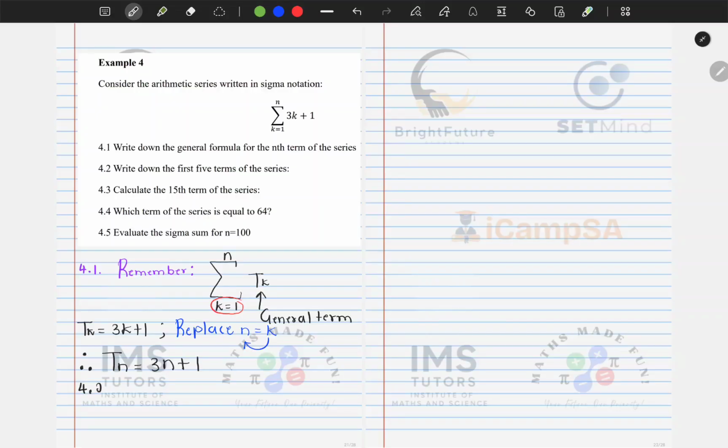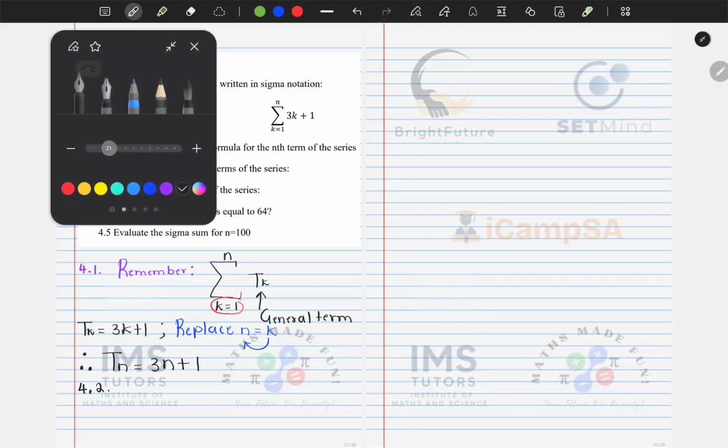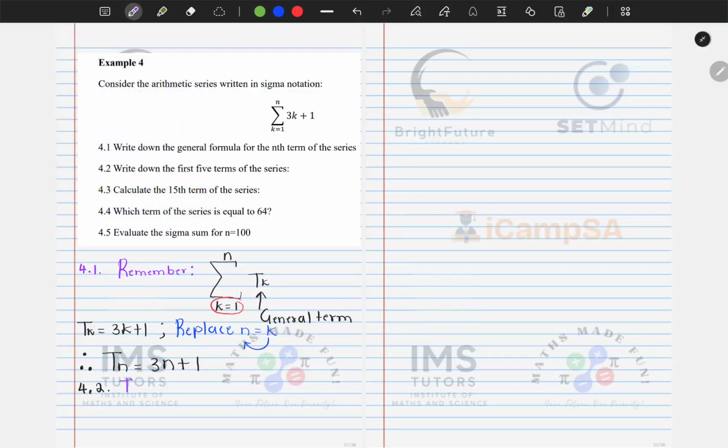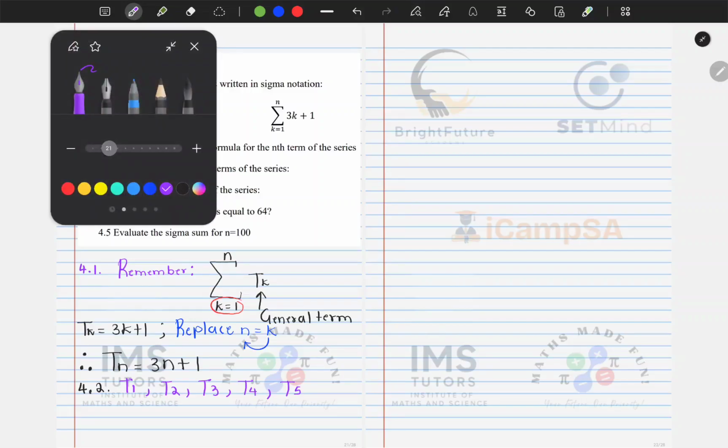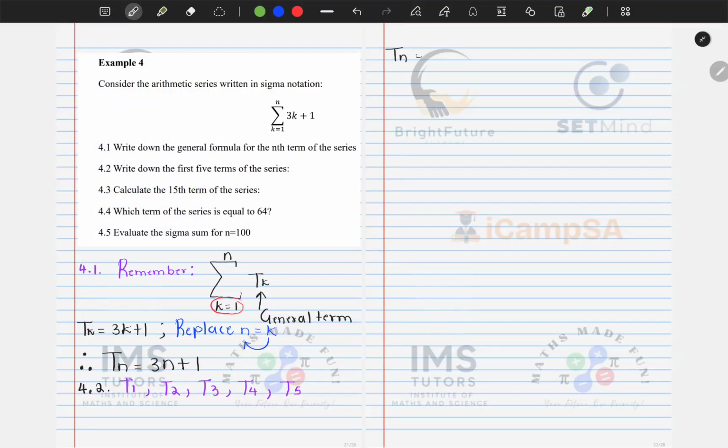And then 4.2, we are required to write the first 5 terms of this series here. So it means what I need is T1, T2, T3, T4, and T5. So I'm just going to use the equation in order for us to determine these. So we have our Tn, which is 3n plus 1.